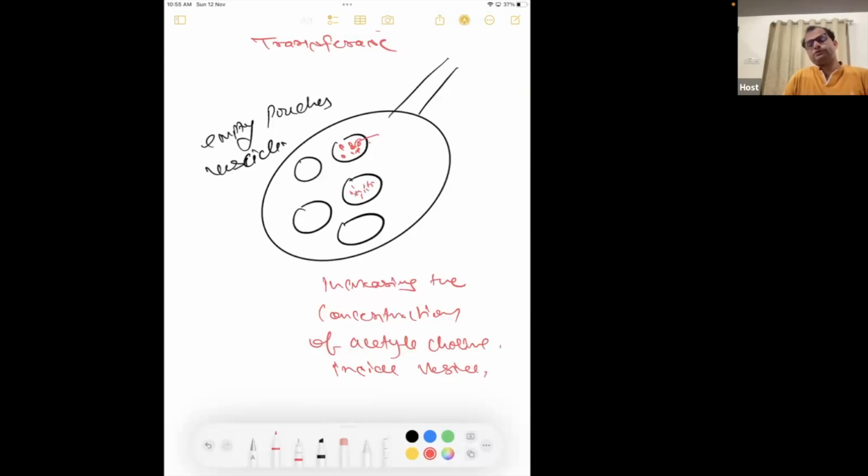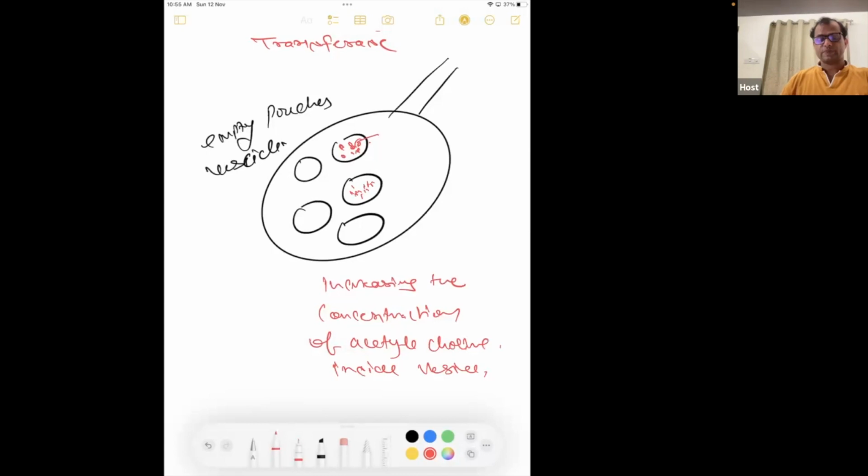So now when there is a need, they will get washed out and will release the neurotransmitter. In this way, the action will happen.